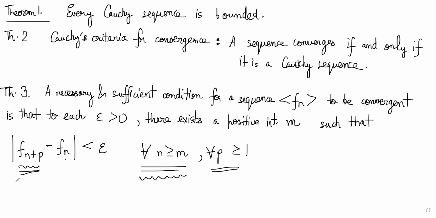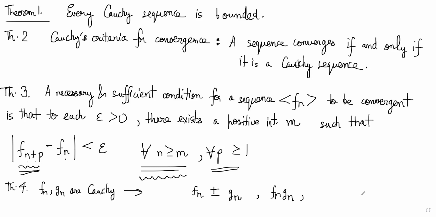Last thing to know for theorems on Cauchy sequences is that if there are two Cauchy sequences Fn and Gn, then Fn plus or minus Gn, Fn multiplied by Gn, and even 1 by Fn, as long as the Fn terms are not zero, are all Cauchy sequences.